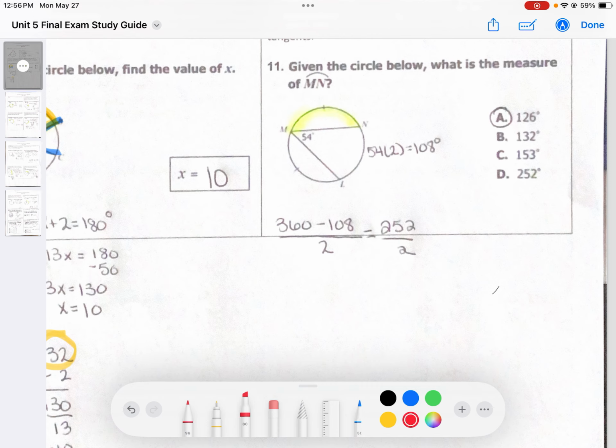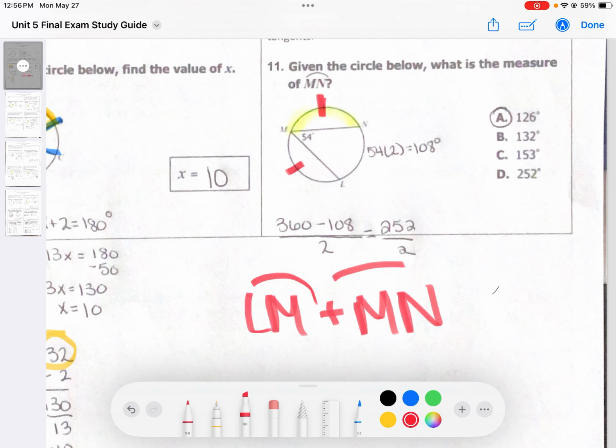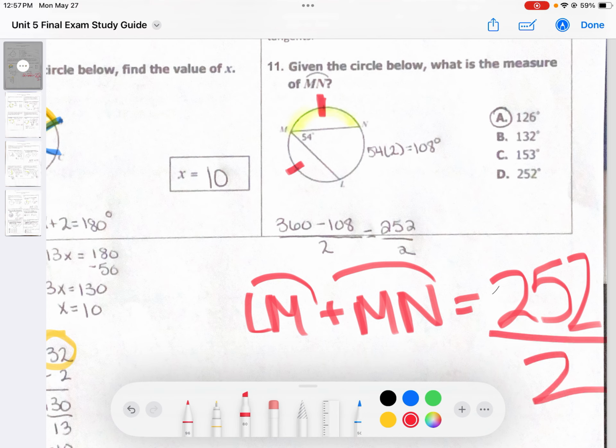Because we have our congruent symbol right here. That symbol means they're congruent, the same measurement. So if I add LM and MN, they should equal 252, but those numbers have to be exactly the same because they're congruent, equal halves. I divide 252 by 2, and that's 126.